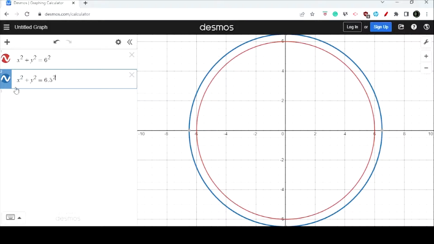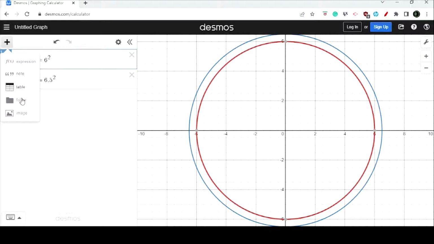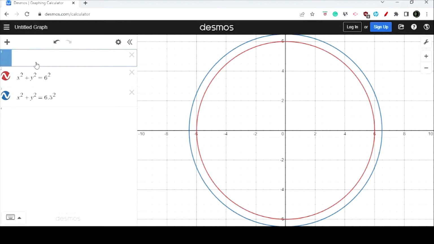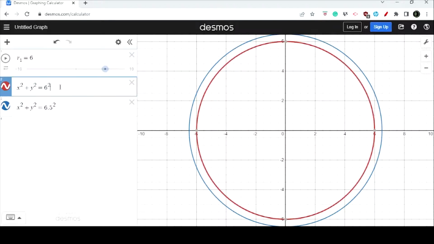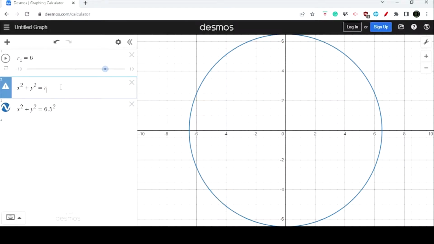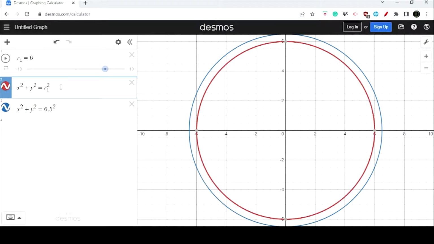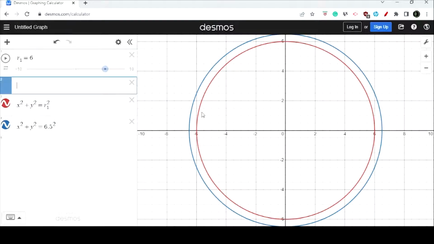In fact, I'm going to go ahead and define two constants right out the gates here. So R1 is going to be for this inner ring here. And then R2 is going to be for this outer ring here.